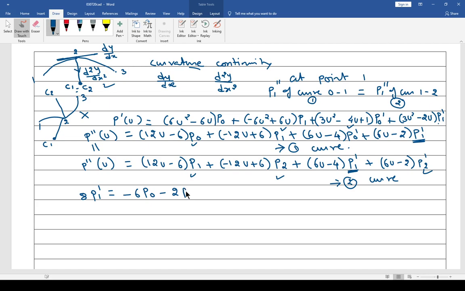So minus 2 p0 dash you can find out, 6 p2 minus 2 p2 dash. So this is what I am going to get. So I hope you got this. Just let me know. I call this equation 3, something like this. So you have to equate these two equations. Just let me know whether you got this or not.